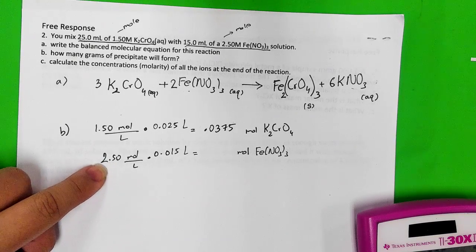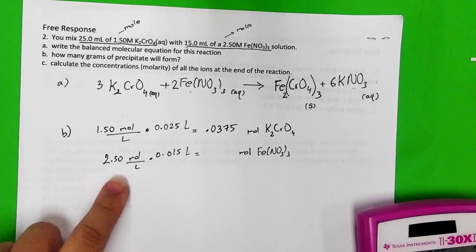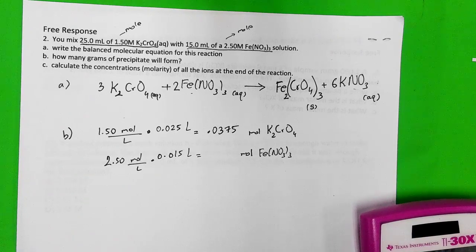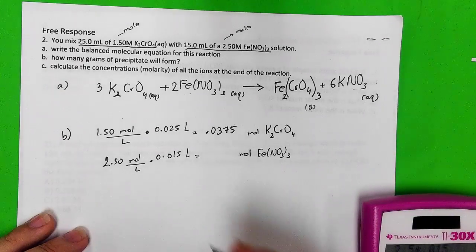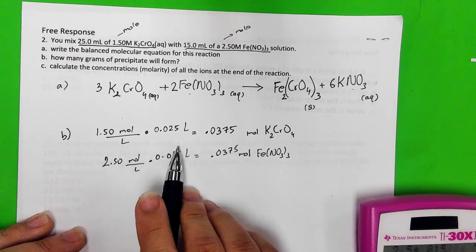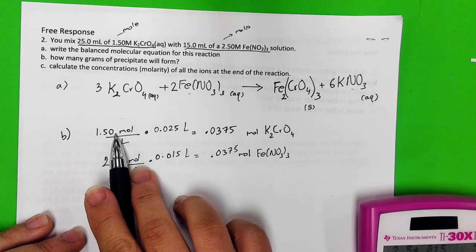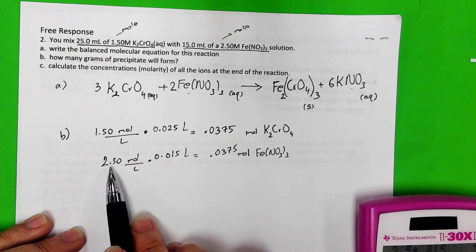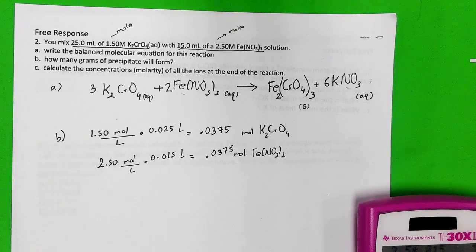This times this, you're still going to get 0.0375. If you don't believe it, you can try calculating. Yep, 0.0375. Because you're literally just doing 25 times 15 with decimals, 2 decimal places plus 3 decimal places is 5 decimal places. It's the same thing.